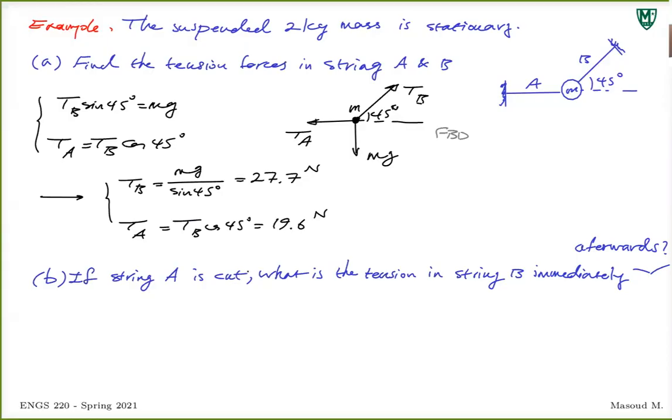Once you cut A, remember when we have the phrase immediately afterwards, let's think about this. When we have something that's in static equilibrium, and for some change in the system it goes out of equilibrium, it's not in static equilibrium anymore. If you cut cable A, obviously mg is going to pull this mass down. So it goes out of static equilibrium.